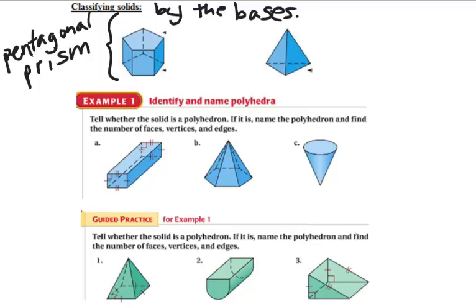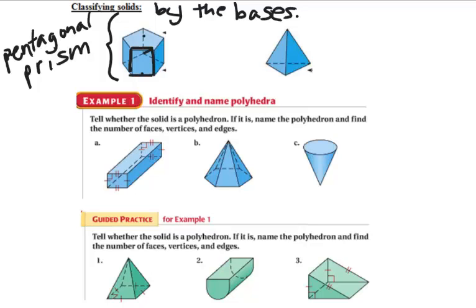A pentagonal prism. Okay, so a prism has rectangles for the sides. The top and the bottom here are both pentagons. And if you look at these sides, they join the vertices from the top pentagon to the bottom pentagon.